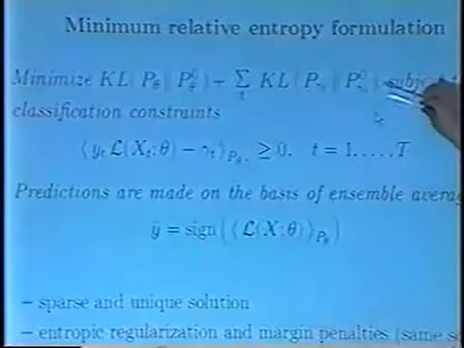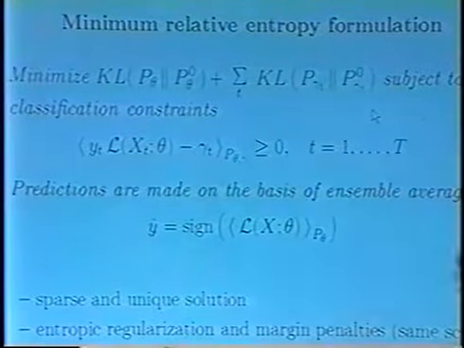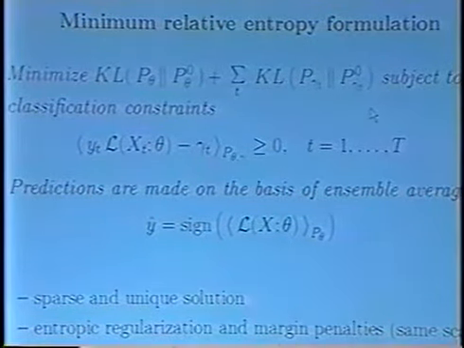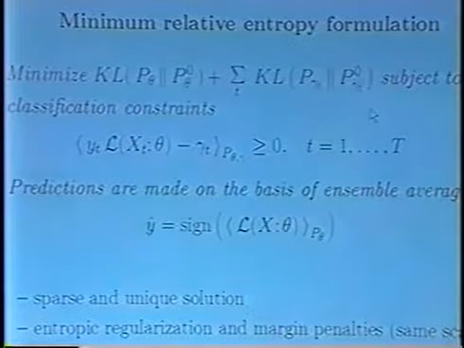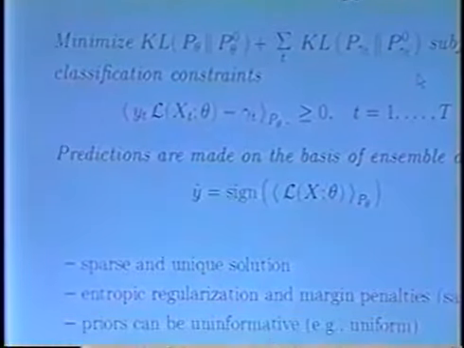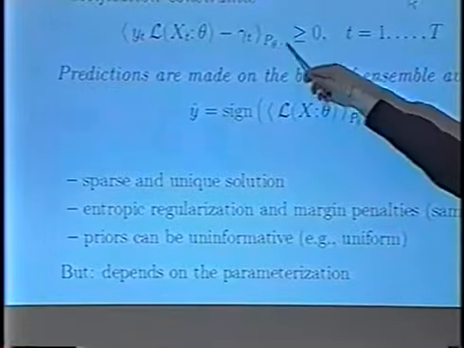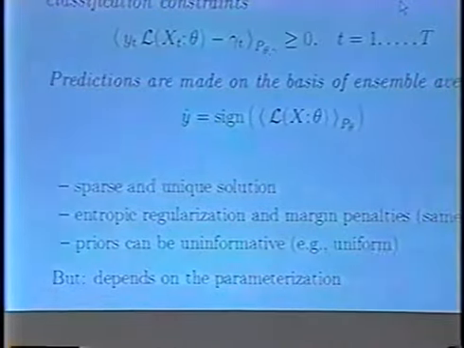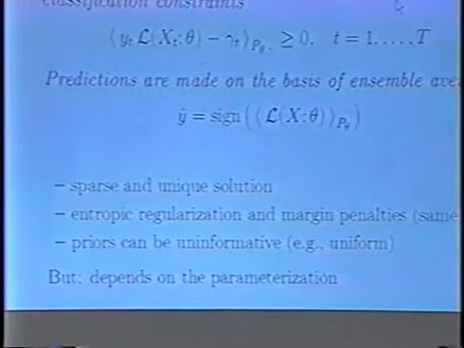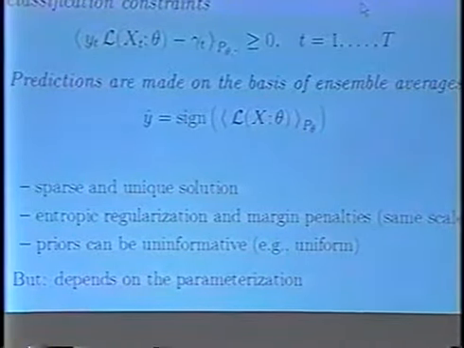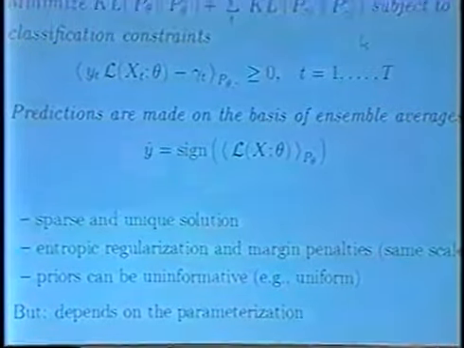Okay, there's no need to understand all the details, but what it actually gives you is a sparse and unique solution. Sparse because if you impose some of these constraints, then the subsequent constraints are satisfied by virtue of having imposed them for a few examples.